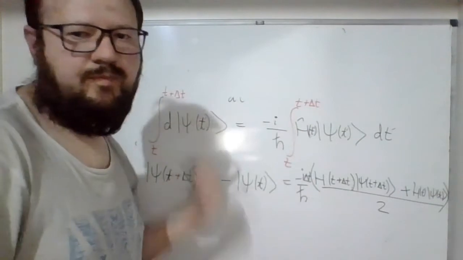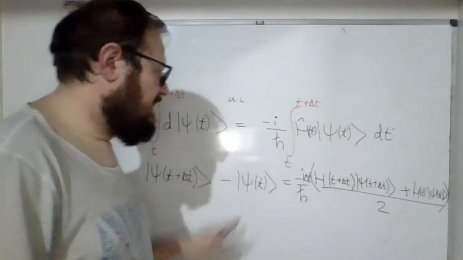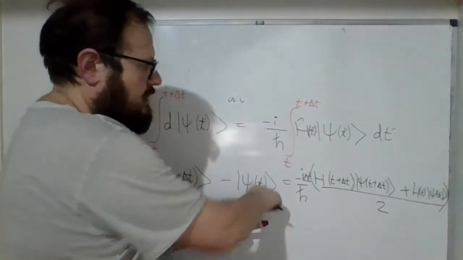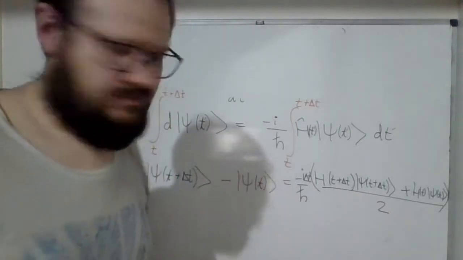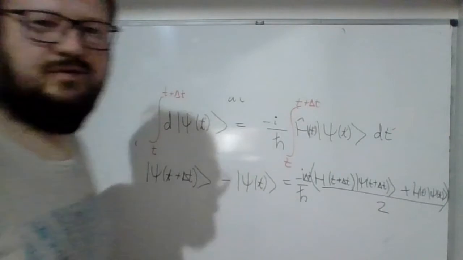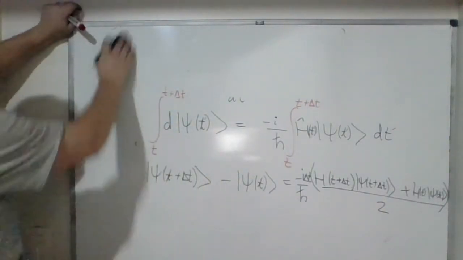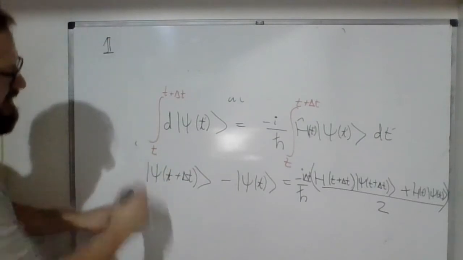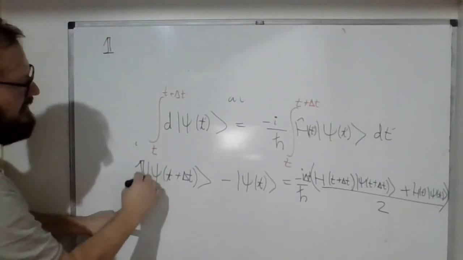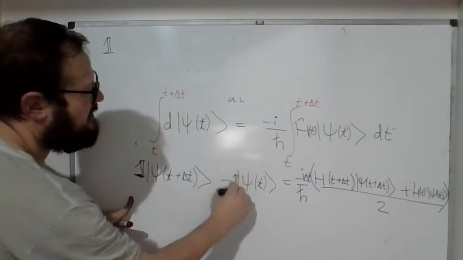We'll pass it to the left hand side, and this, which is already known, supposedly we already know the function at time t, I will put it to the right hand side, and in this way we will have the identity matrix, because I can plug in an identity here, I can plug in another identity here.